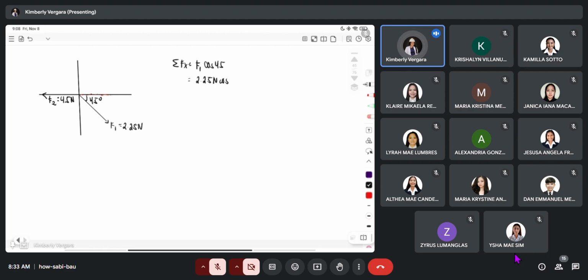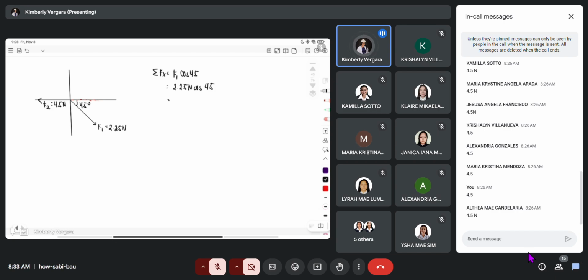Okay, cosine 45. Sorry, meron pa palang isa. So, dahil po nasa kaliwa po siya, so minus 4.5 Newton.